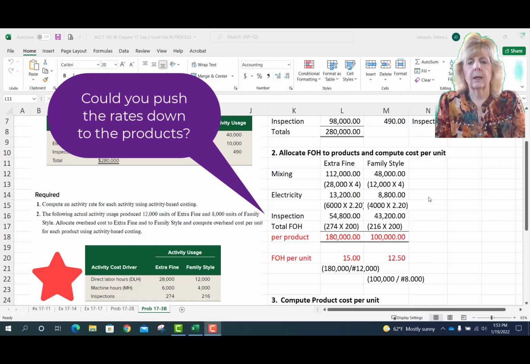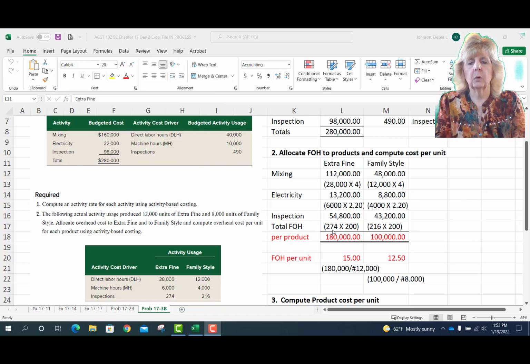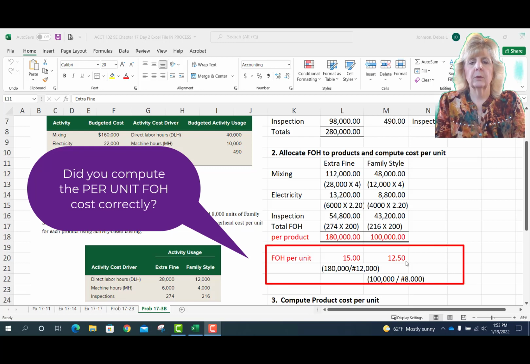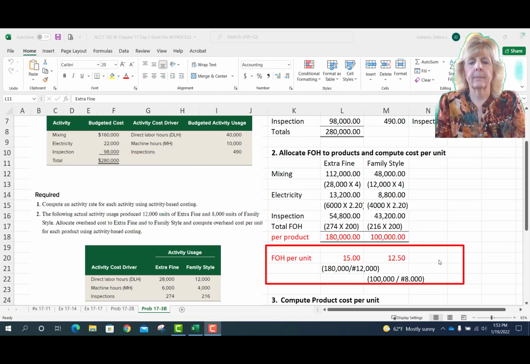Once we allocated it out, we added those 2 items up. We got $180,000 allocated to the extra fine salsa and $100,000 allocated to the family style salsa. We then took that to the unit level by dividing by the number of units and came up with $15 and $12.50.